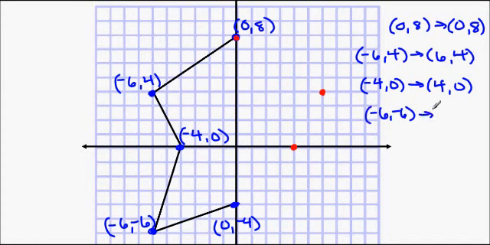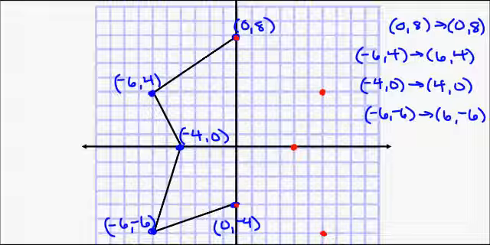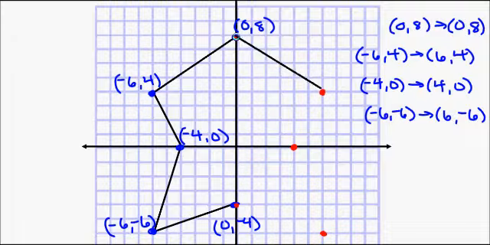I already know from up here that my negative 6 becomes a positive 6, and the y value stays the same. So it's here. And right here, this one is also on my line of reflection. Whenever a point is on the line of reflection, the pre-image and the image are the same. So I'm not even going to work that one out. I'm going to connect my dots, and this is what I'm left with.